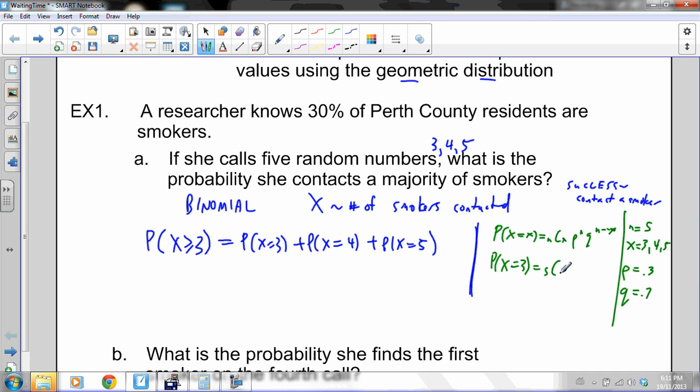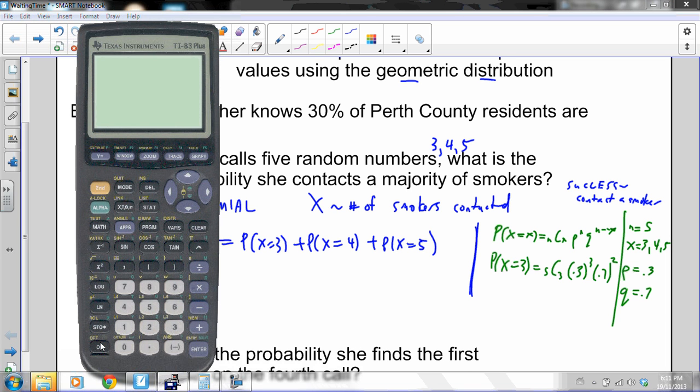5 choose 3, 0.3 to the exponent 3, 0.7 to the exponent 5 minus 3, which is 2. And get my graphing calculator going here. And I got 5 choose 3 times 0.3 to the exponent 3 times 0.7.